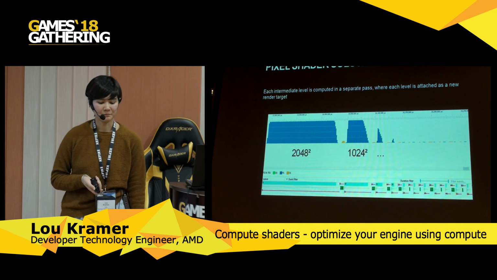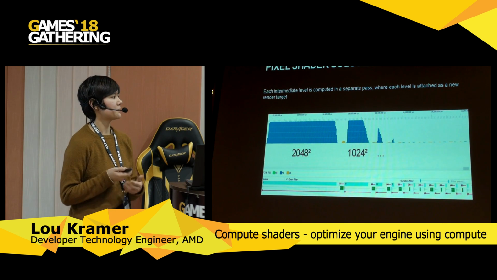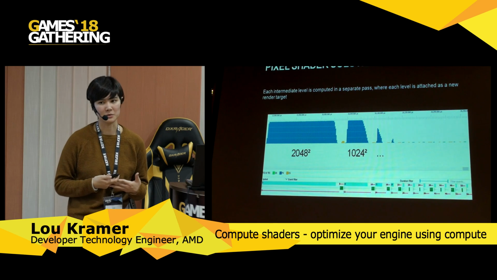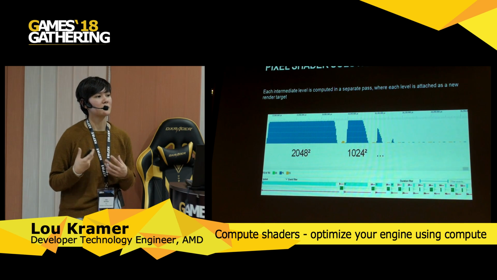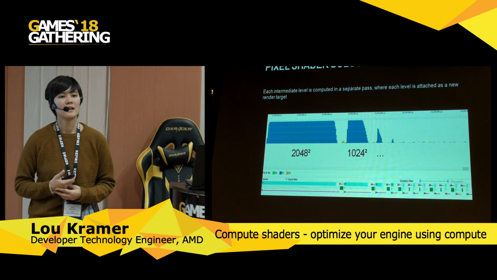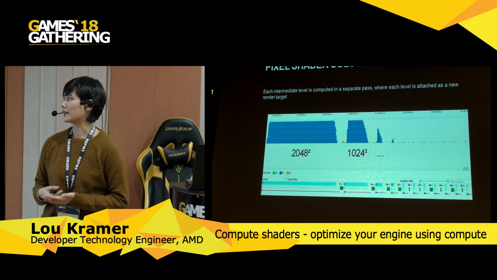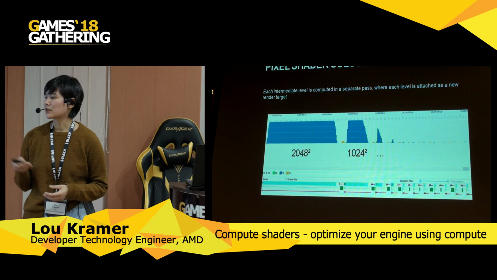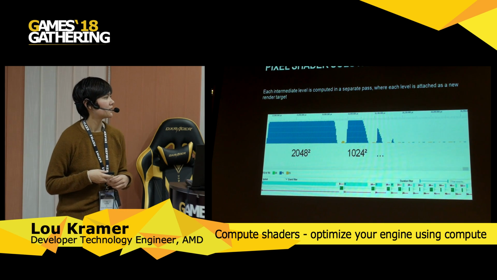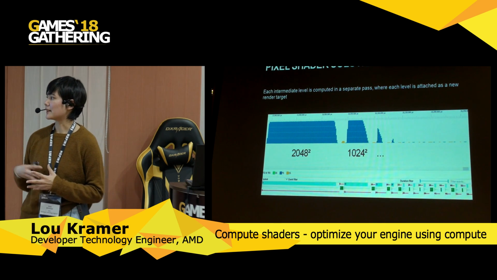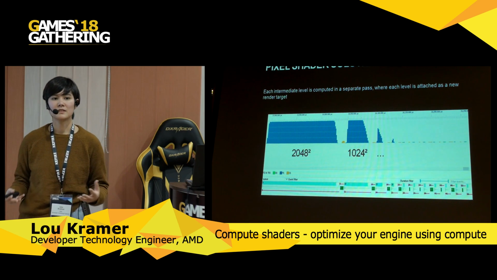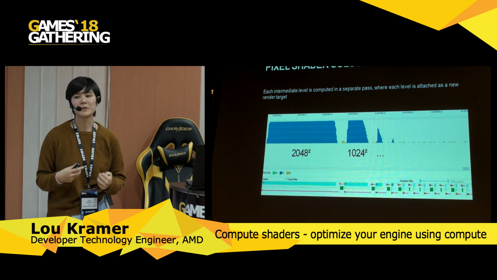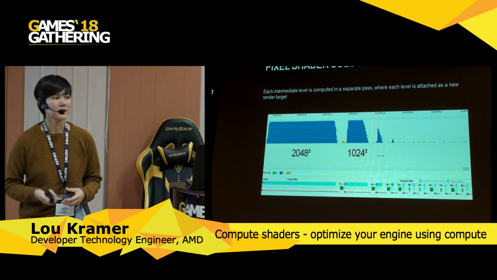So this picture is a screenshot of RGP. RGP is a profiling tool you can use to see how much work is currently in flight on the GPU, how many threads are concurrently running, how many waveforms. And for example, in the 2048 pass, where this intermediate level gets executed, you see a lot of waveforms are in flight, so the GPU is very busy computing all those results.